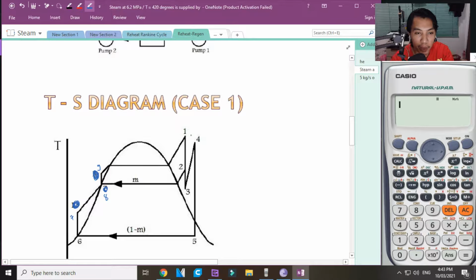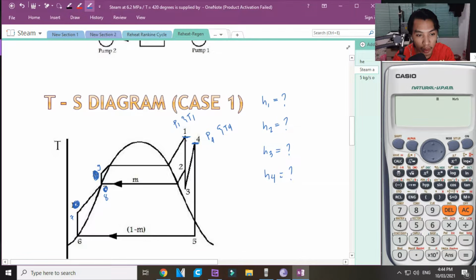Okay. P1, hahanapin natin sa H1, di ba? Hindi natin alam. Si H2, hahanapin natin dito sa point na to. Hindi rin natin alam. Si H3, nandito pa rin sa superheat region, hindi rin natin alam. Si H4, hindi rin natin alam, given naman yung dito. Dito kasi P1 and T1. Dito, P2, P3, P4 and T4.